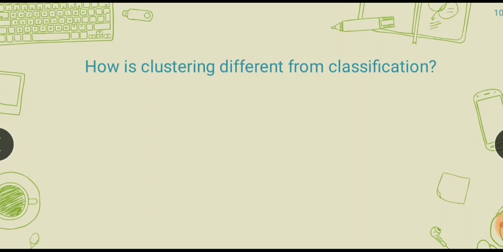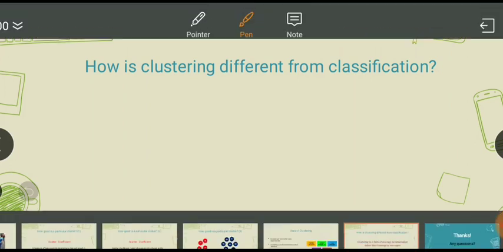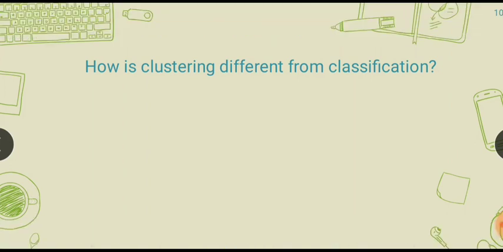But clustering is unsupervised learning. That is, clustering is a form of learning where you learn by observing. You learn by studying each of the data objects and trying to find out the similarity or dissimilarity between them.